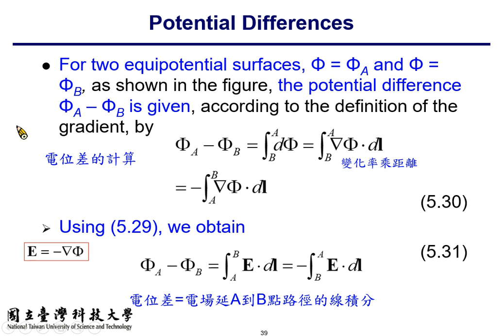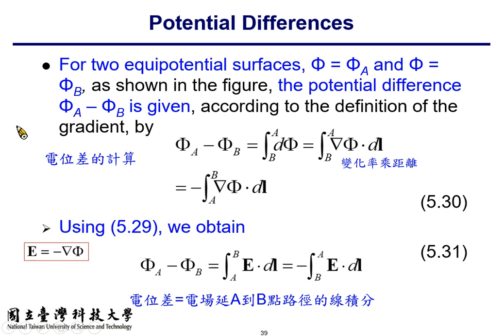The potential difference d phi can be expressed as the dot product of gradient of phi and dl, the path. Gradient of phi is the rate of change. The dl is the path direction and the path distance.